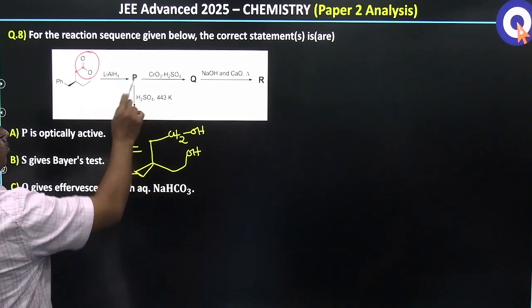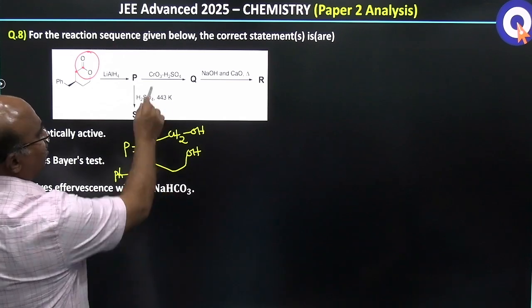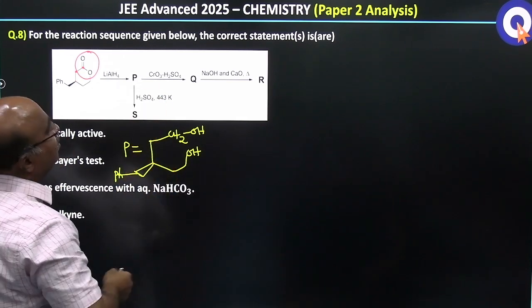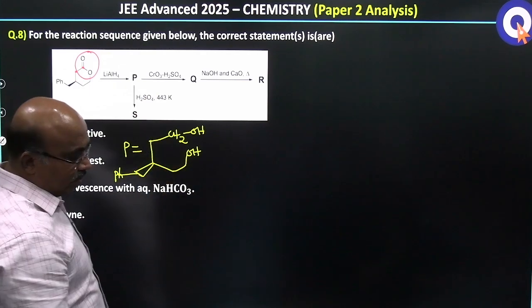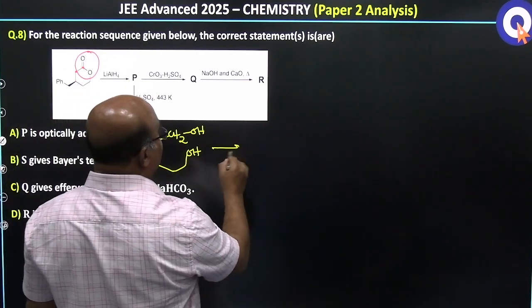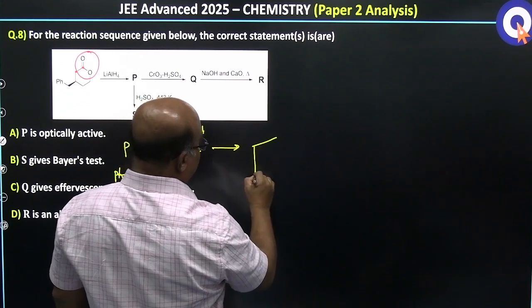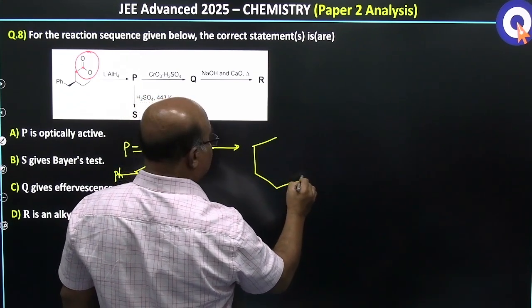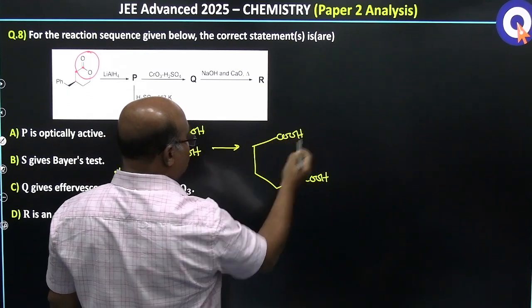Then the reaction with chromic oxide in acidic condition. It's nothing but potassium dichromate, which is a strong oxidizing agent, and converts both into acids. Primary alcohol will be converted to acids. So our Q will be: this is converted to COOH, this carbon is also converted to COOH.